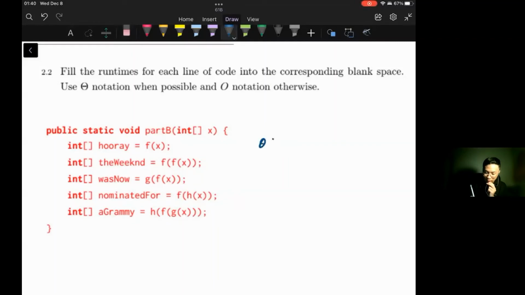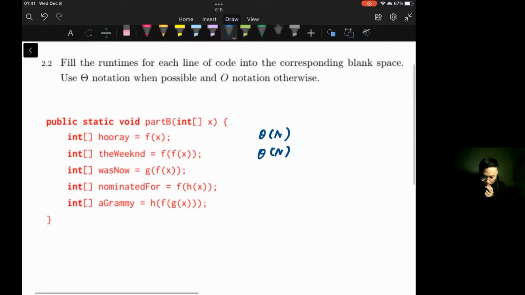And for the second line, it is a nested function. To get the weekend integer array, we see nested functions both involving function f. Again, it would be Theta n. And for the third line, it is a nested function involving function g.